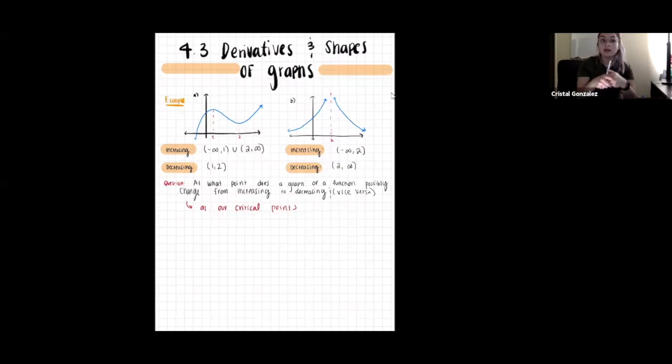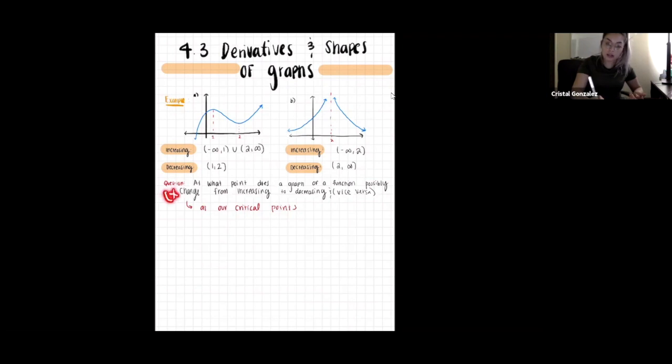Because I can maybe on an exam ask you, hey, find all my critical points, but then I give you something that's funny and undefined, and maybe that point is a critical point, maybe it's not. You need to go ahead and find out, but you want to make sure that you also investigate what's happening at parts that are weird in the graph, so parts that are undefined in your function. So that's super important. I'm not going to stress that enough.